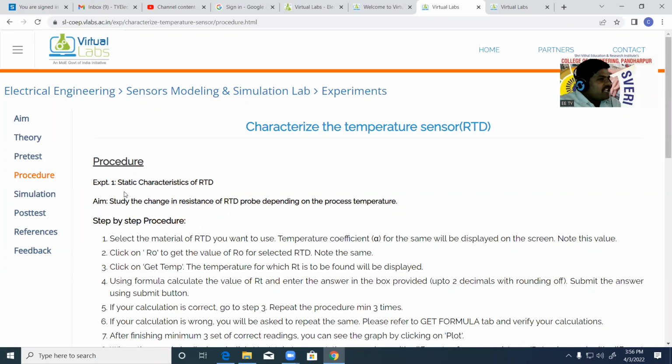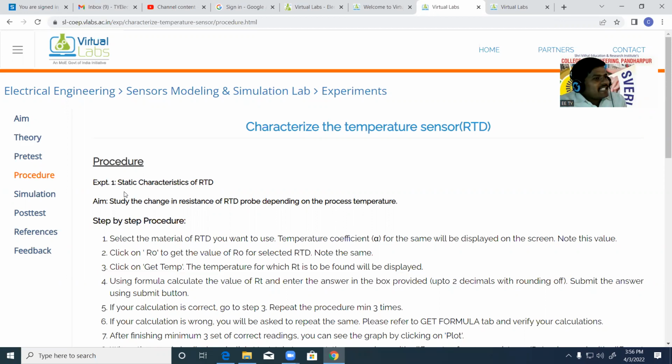For that we are using one element like the platinum element. What happens in that element? Resistance changes. If the resistance changes, we need an electrical output, right? What effect will happen on that element? Consider the temperature increased.